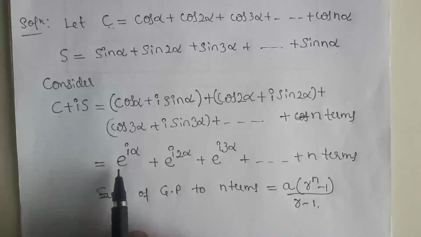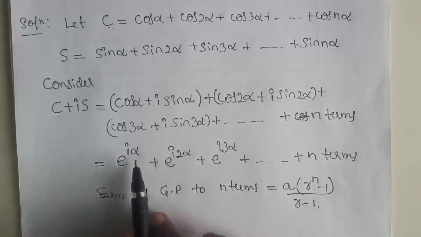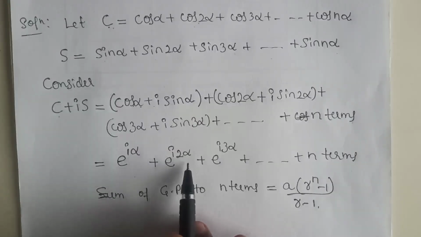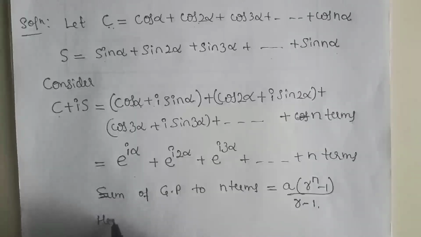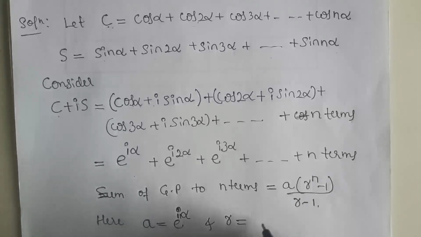You can see here that e raised to i alpha is the first term. For the common ratio, multiplying e raised to i alpha by e raised to i alpha gives e raised to i 2 alpha, and multiplying again by e raised to i alpha gives e raised to i 3 alpha. Therefore a, the first term, is e raised to i alpha, and the common ratio is also e raised to i alpha.